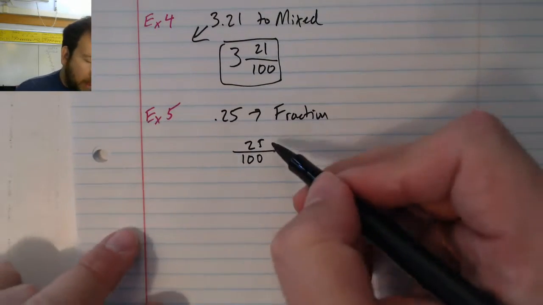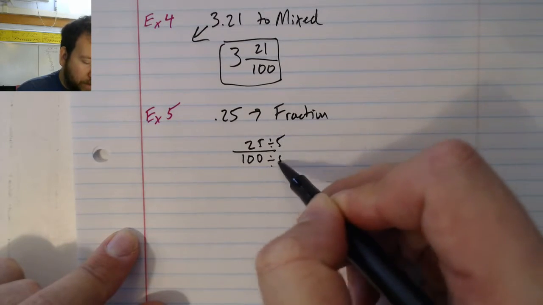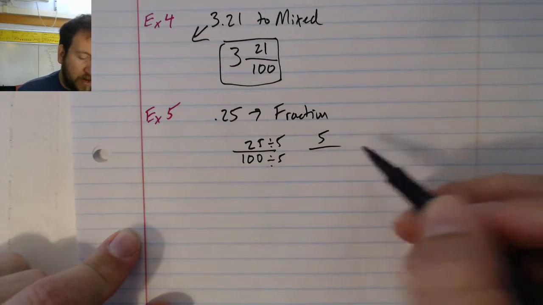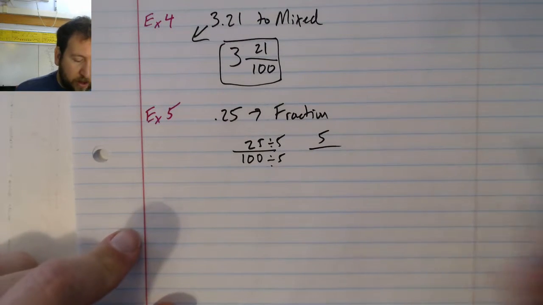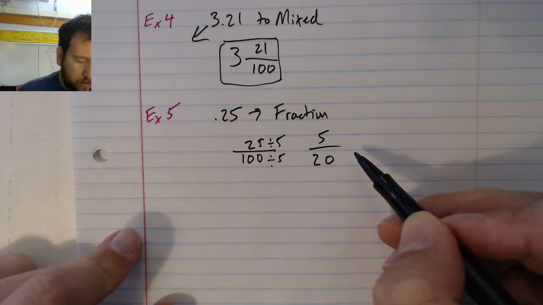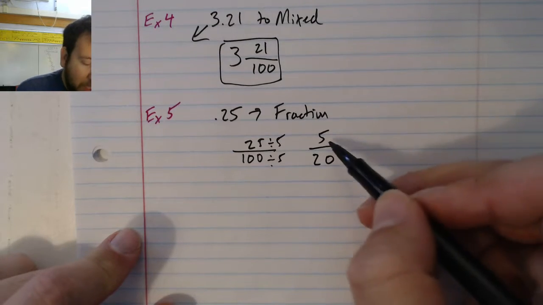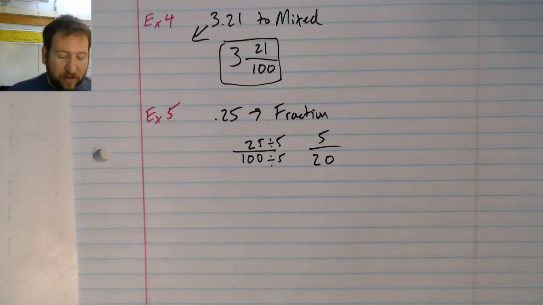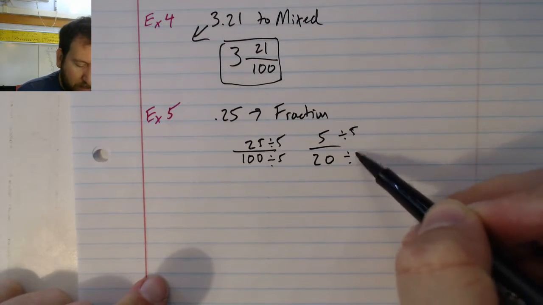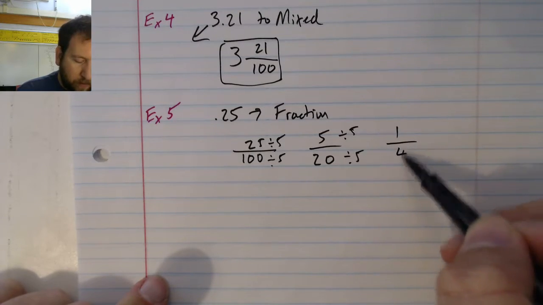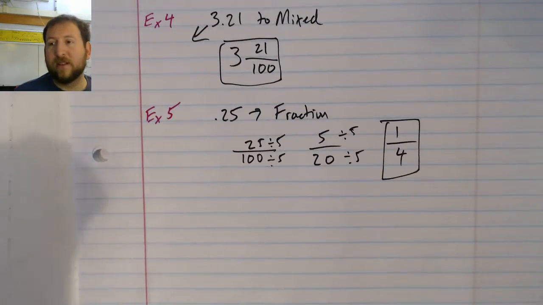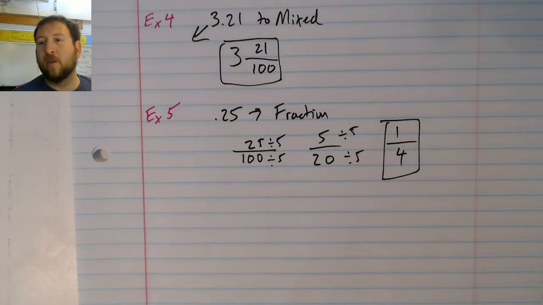To simplify, I can easily see that there is a 5 that goes into both. 5 goes into 25 five times, and 5 goes into 100 20 times. So 5/20ths, and I can go even deeper. What I should have done earlier is divide by 25. Divide by 5 again, and I have 1/4. Which should be kind of obvious, because 25 cents is the same as a quarter. 1/4 is a quarter of a whole.